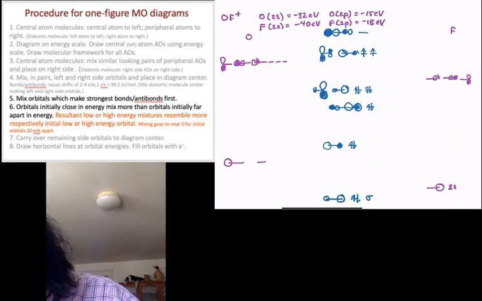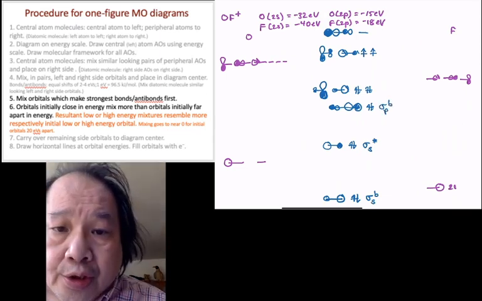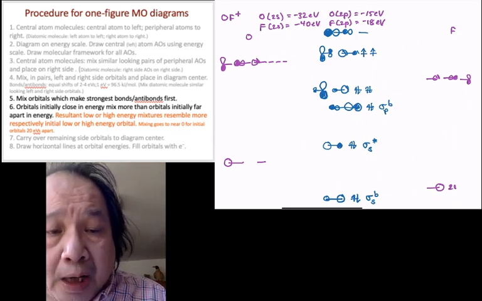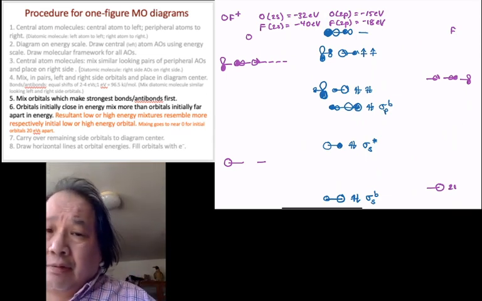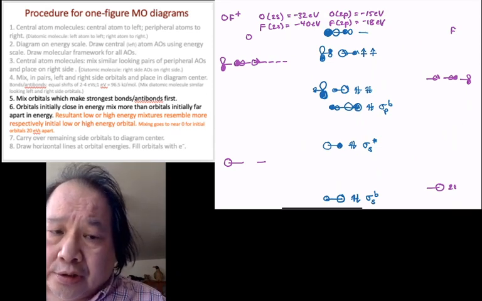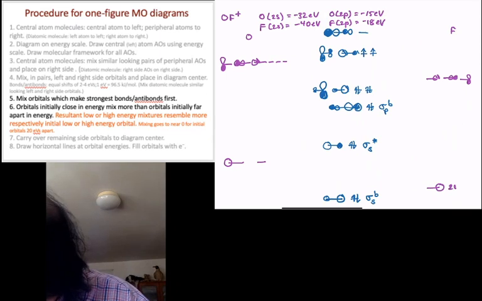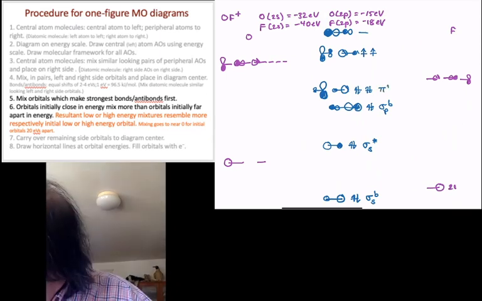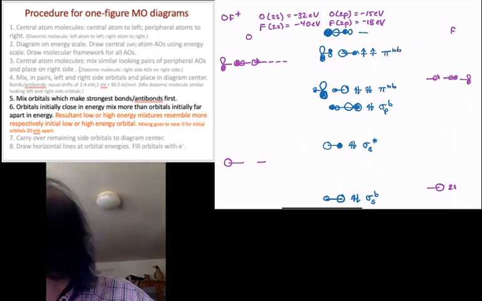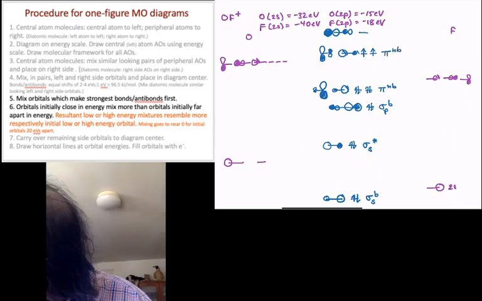Sigma s bonding. This is sigma s star for antibonding. This is sigma p bonding. And these two, what are we going to call them? Pi bonding, non-bonding, or antibonding? Remember, fluorine really doesn't make good pi interactions. And so the answer is we should call them pi non-bonding. Here's another pair of pi non-bonding, but these are oxygen located, and finally comes a sigma p star.